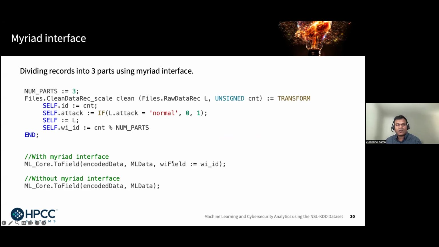And the fit method has a parameter called V field where we need to pass the VID. If we want to use the mirrored interface, then we have to use the VID values. And if we don't want to use the mirrored interface, then we can skip the V field. The rest of the parallel processing is done by the other methods in this algorithm.